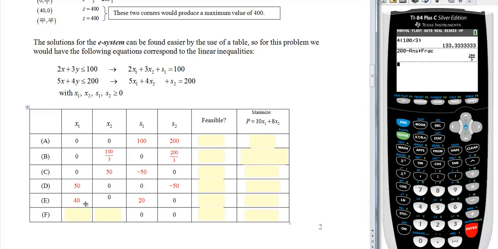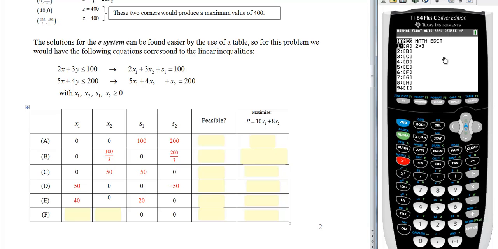Okay. Now this one is the difficult one, because if I put s sub 1 and s sub 2 as 0 in here, notice I've got two equations, two unknowns. And this is where I like to go to my matrix. Remember, this is what we did in the last chapter. I think I've already put it in just to save time. So go edit. Let's go put this in.